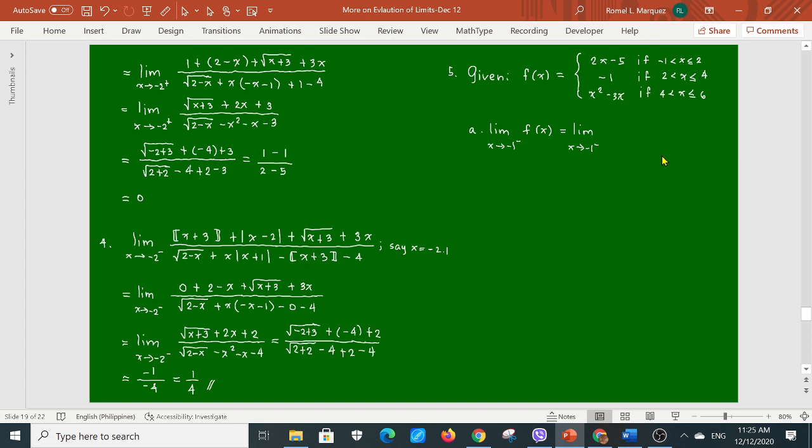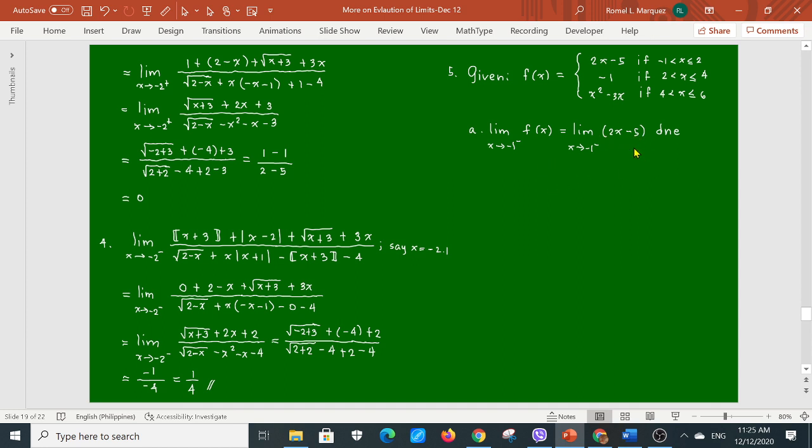Okay, where? So what am I going to use? So I'm going to use 2x minus 5. But 2x minus 5 is defined between negative 1 and 2. So meaning, this is not defined when x is to the left of negative 1, no? Okay? So this does not exist.